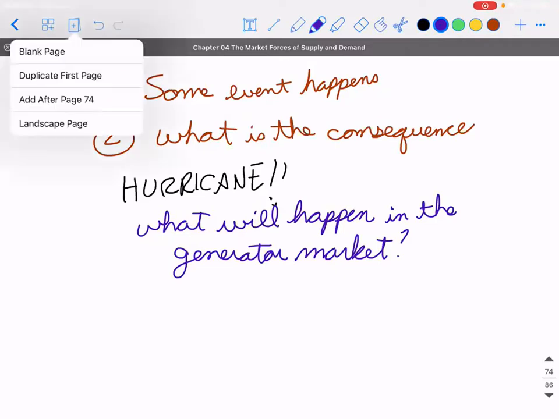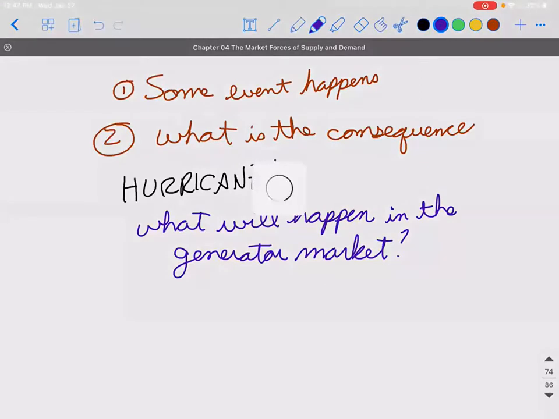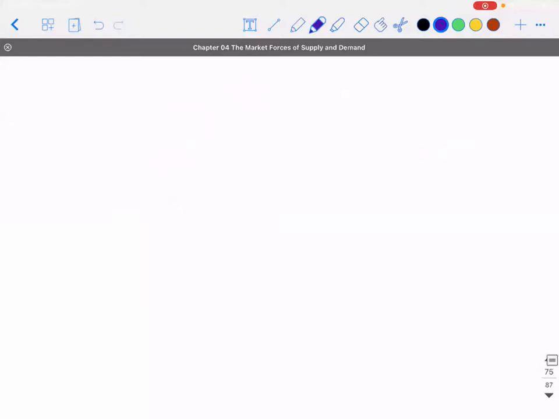Let's talk about how I could do that. Let's look at this very simply, right? What does a hurricane do? It basically destroys stuff. More specifically, it destroys power lines and the ability to deliver power to a house from the electric company.